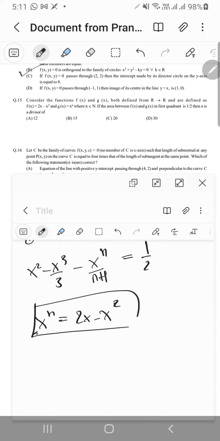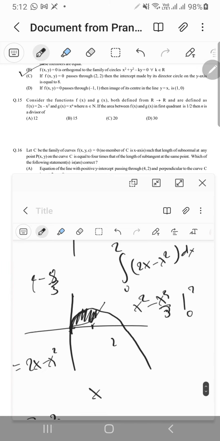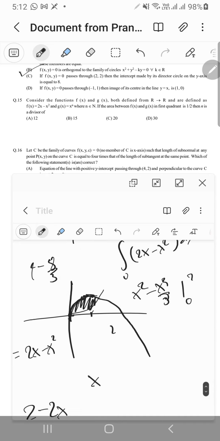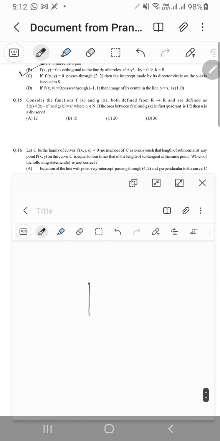Wait a second. Okay, let's resume. It's 1 by 2, huh? What is this value? When you put x equal to 1, you just get 1, so this would be 1 over there. Okay, so this is very geometric, right?